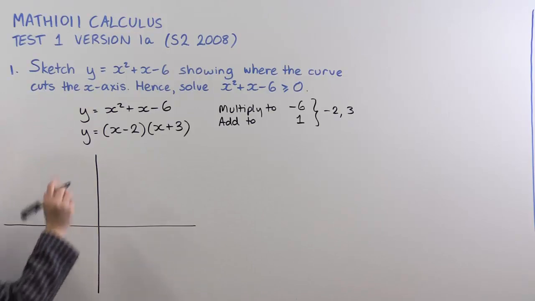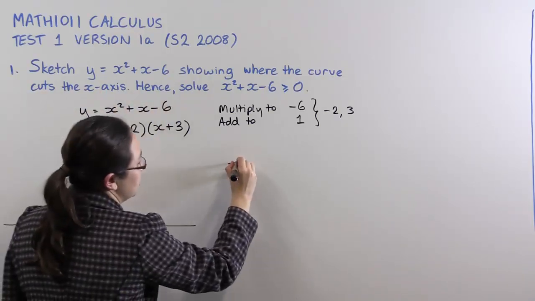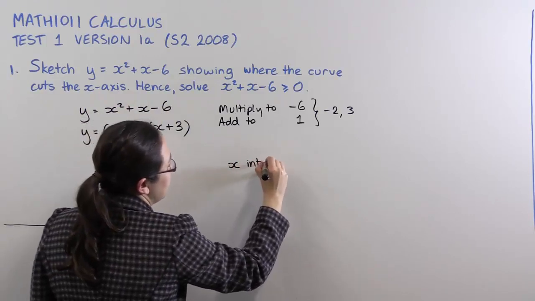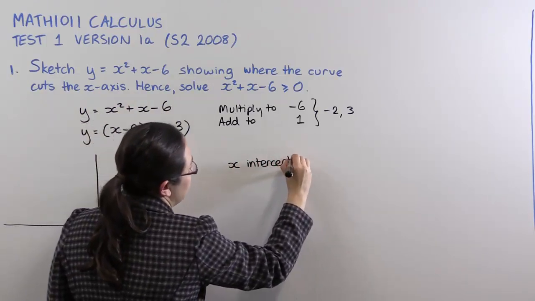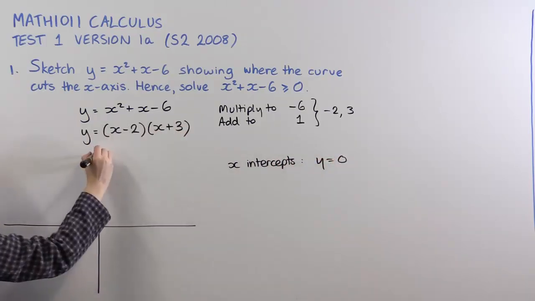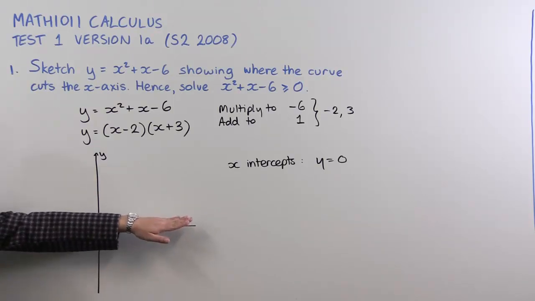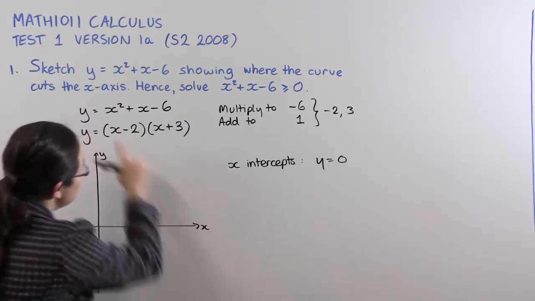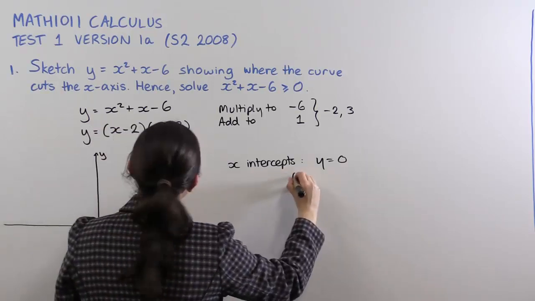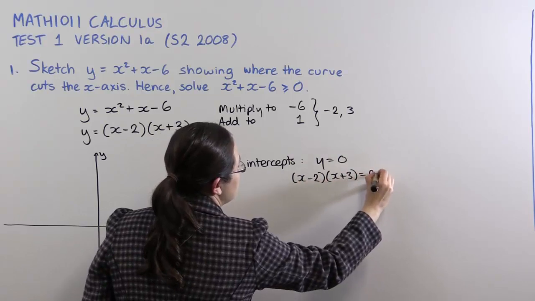To find where the curve cuts the x-axis, so they're the x-intercepts, we essentially need to solve y equals 0, because here's our y-axis. Y equals 0 is where it's going to cut the x-axis here. So if we solve y equals 0, we're solving x minus 2 times x plus 3 is equal to 0.